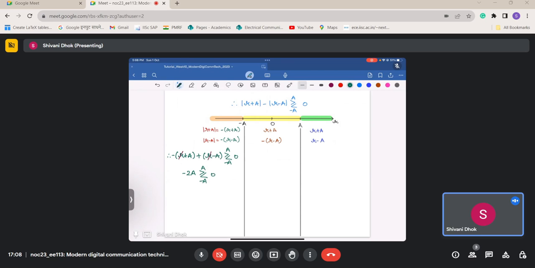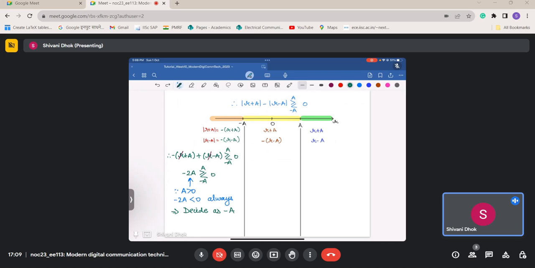Now since a is greater than 0, this quantity minus 2a is less than 0 always, which means that decide as minus a.